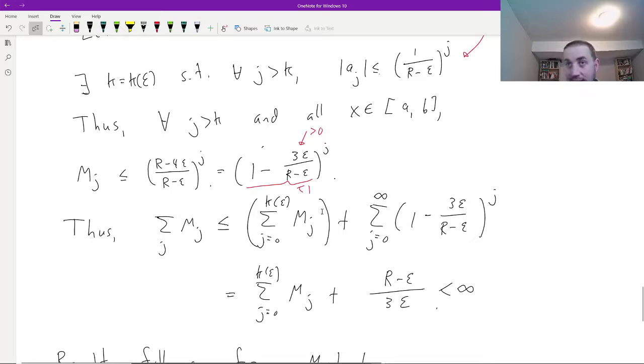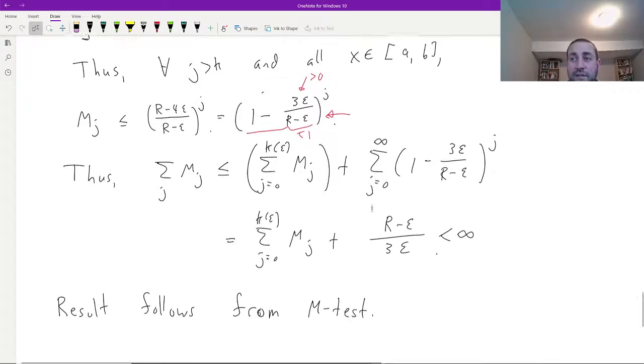And so if I want to be looking at the sum of the M_j's, I find that the sum of the M_j's is less than the sum from j equals 0 to k of M_j plus the sum from j equals 0 to infinity of this thing here. I'm adding up powers of something that's strictly less than 1, so in fact that sum converges, and I end up with some initial terms here, plus a constant (r minus epsilon) over 3 epsilon, which is certainly finite. So what have I done?